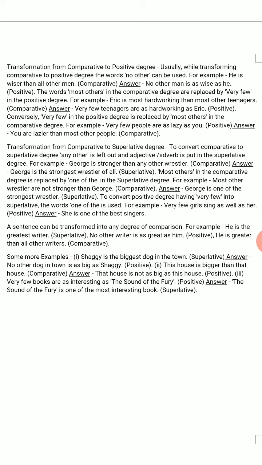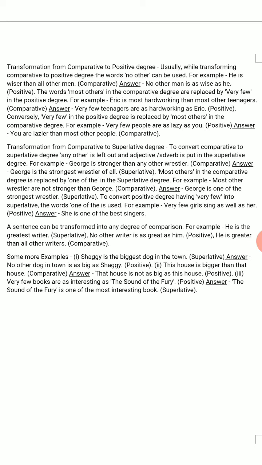Most other wrestlers are not stronger than George. Answer: George is one of the strongest wrestlers. I'll repeat again. Most other wrestlers are not stronger than George. That is comparative degree. Answer: George is one of the strongest wrestlers.